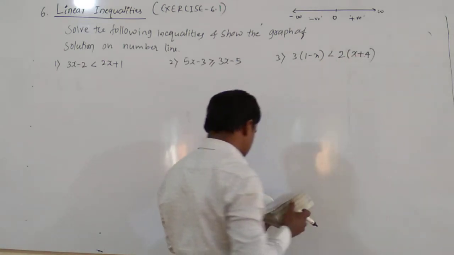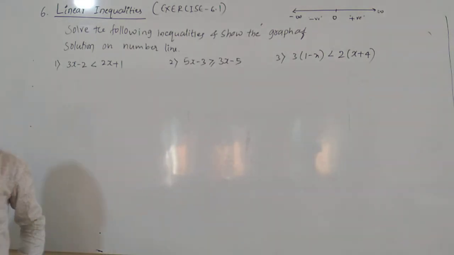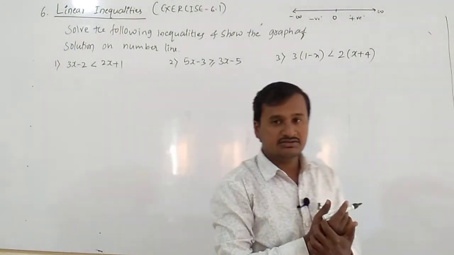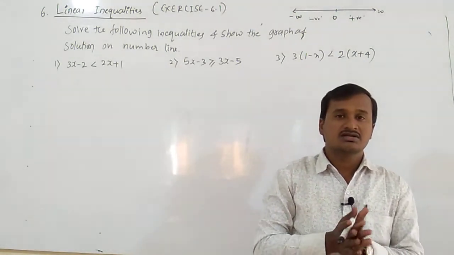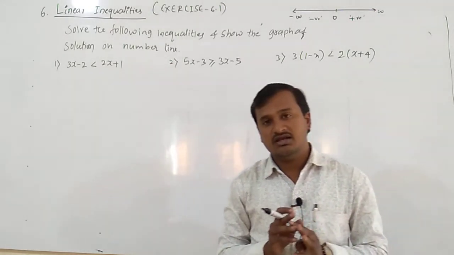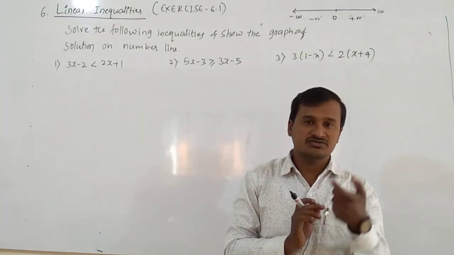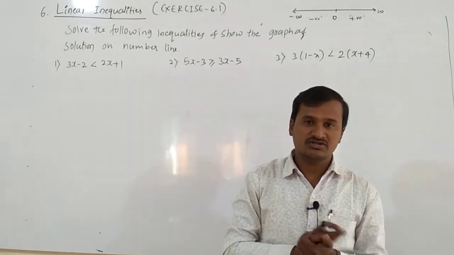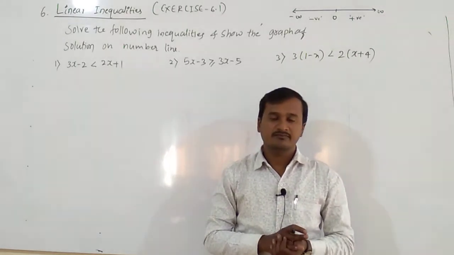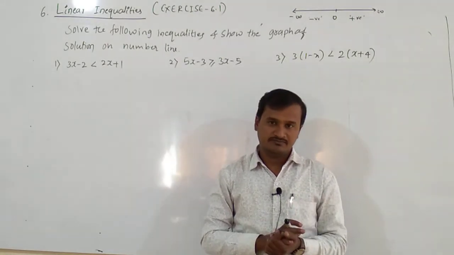Okay. Next. Here again it is solving inequalities. You already know that when x is a natural number or an integer, you write the solution using a set, which is called the solution set. If x is a real number, then you write the solution using an interval.